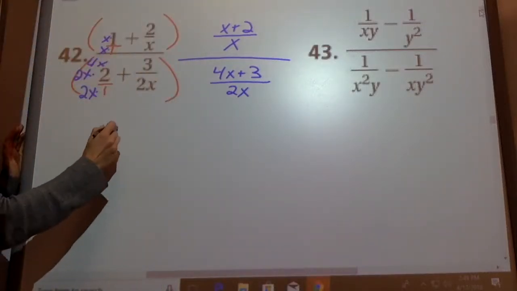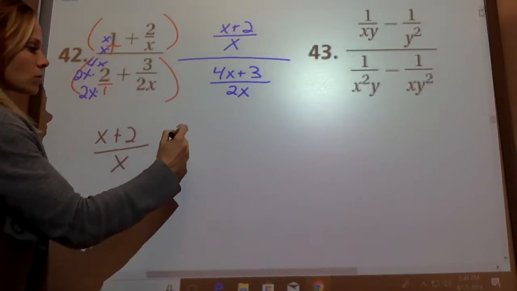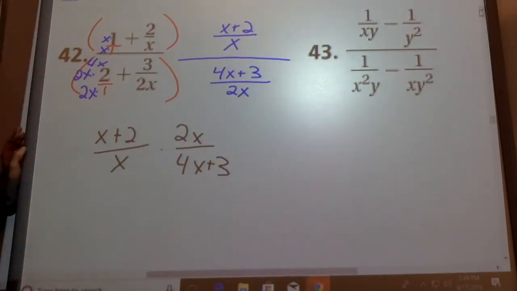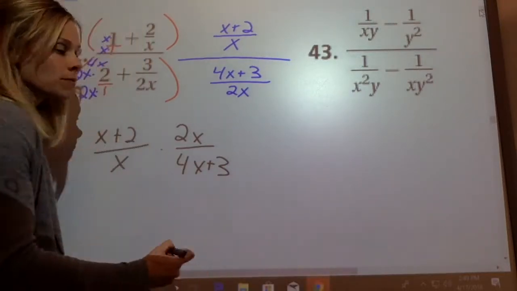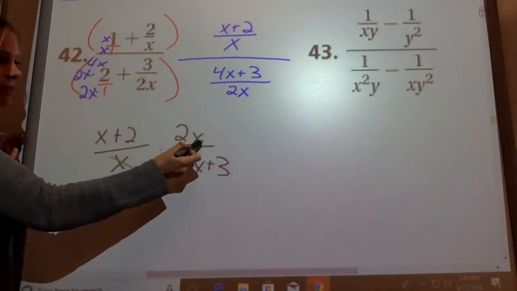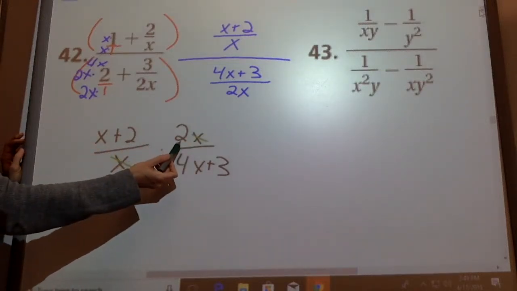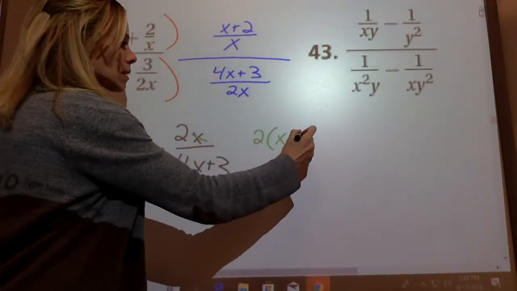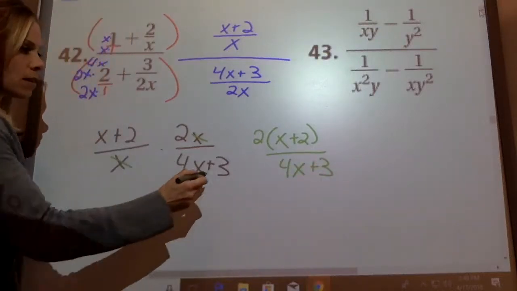So I'd have x plus 2 times 2x over, and you should notice something crosses off. What crosses off? Yep, this x with this x crosses off. So what's left on top, 2, and then x plus 2. So we'd write that as a multiplication. And then 4x plus 3 on the bottom. And then I'm done.